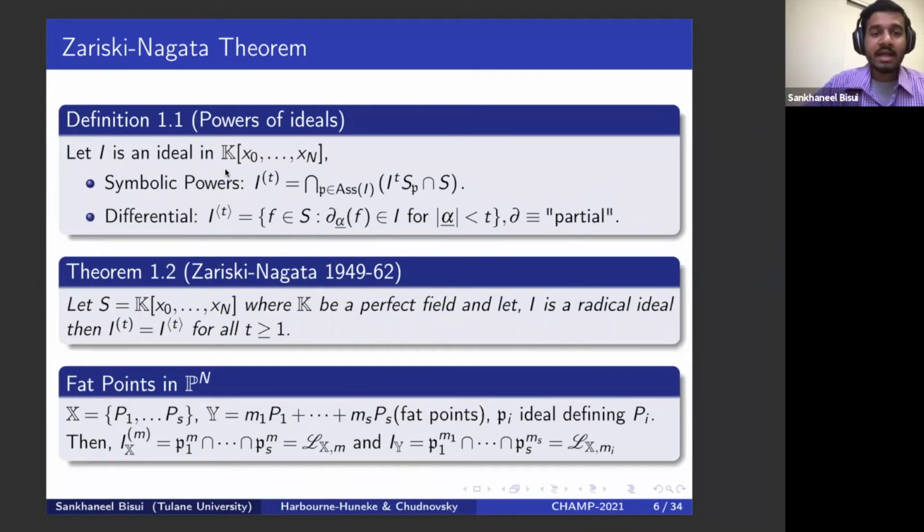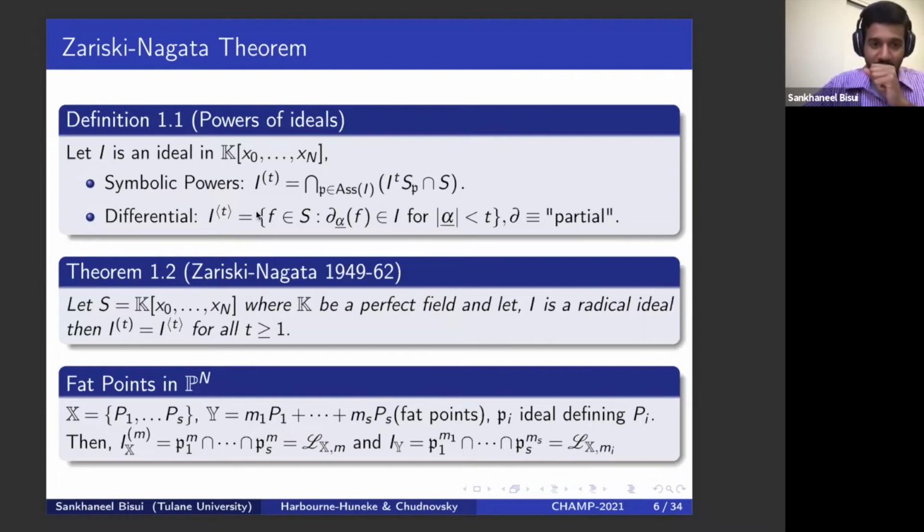Given an ideal, the symbolic power is defined by extending the ordinary power of the ideal to the p-th localization, then contracting it back to the ring, and then taking all those intersections with respect to the associated primes of the ideal.